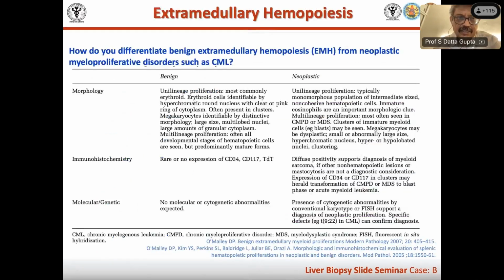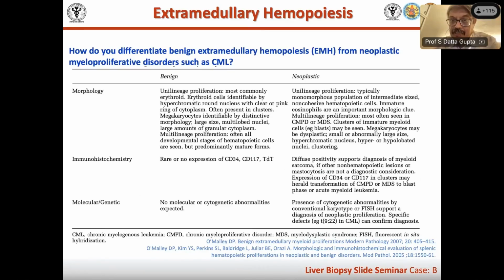The next question is how will you differentiate whether this is benign or part of CML. But this was a baby. See, the main thing is you will find a predominance of erythroid cells when it is a benign proliferation. Neoplastic, generally it's part of a myelodysplastic syndrome, so you get a lot of megakaryocytes and myeloid cells, right?